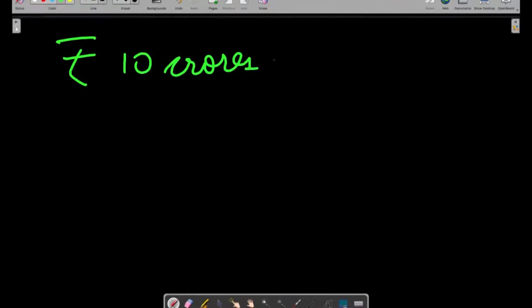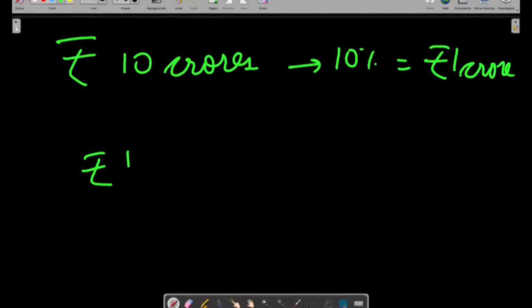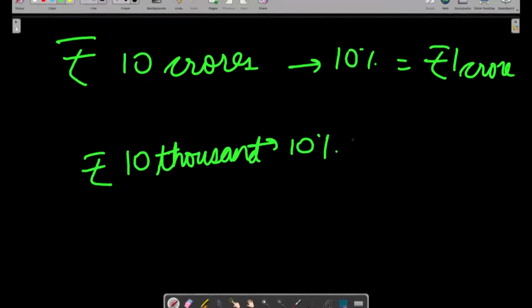So, what we are saying here is that a person who is earning, say, rupees 10 crores will be paying 10%, which is equal to rupees 1 crore. And a person who is earning rupees 10,000, here again, this person will only be paying 10%. And in this case, the 10% is rupees 1,000.